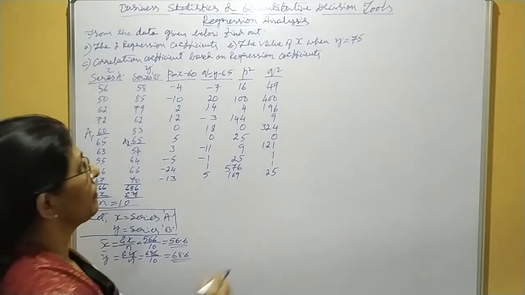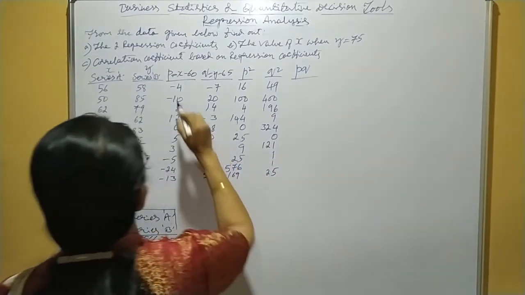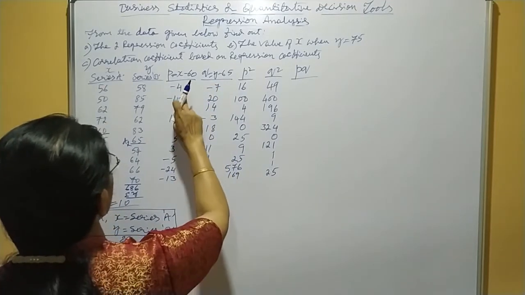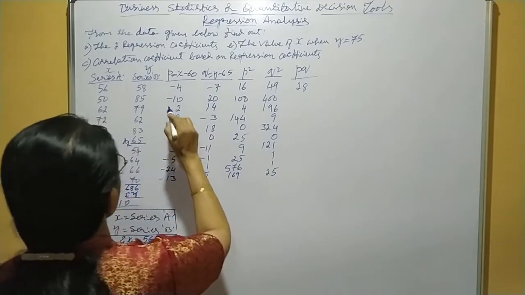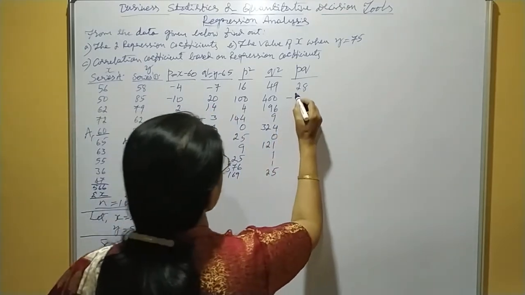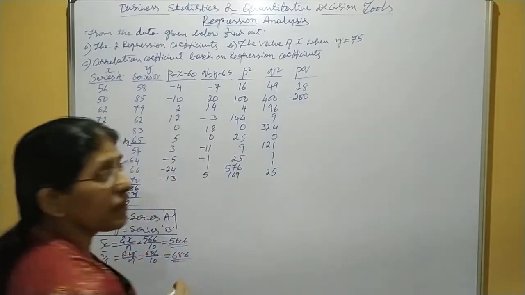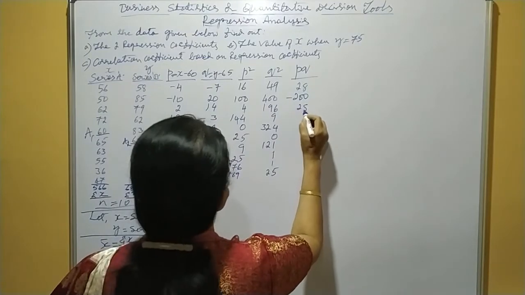Okay. Now, you have to take PQ. PQ means you have to multiply these two, P into Q. Minus 4 into minus 7, plus 28. Here minus 10 into minus 20, that is minus 200. There you should be careful. 2 into 14.